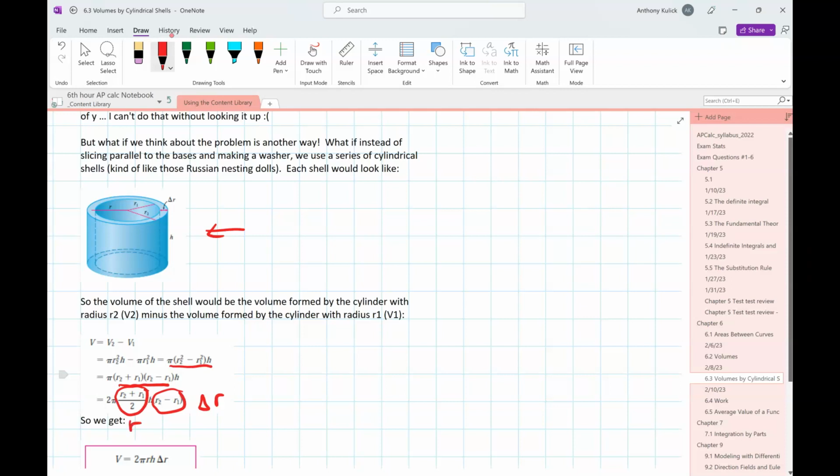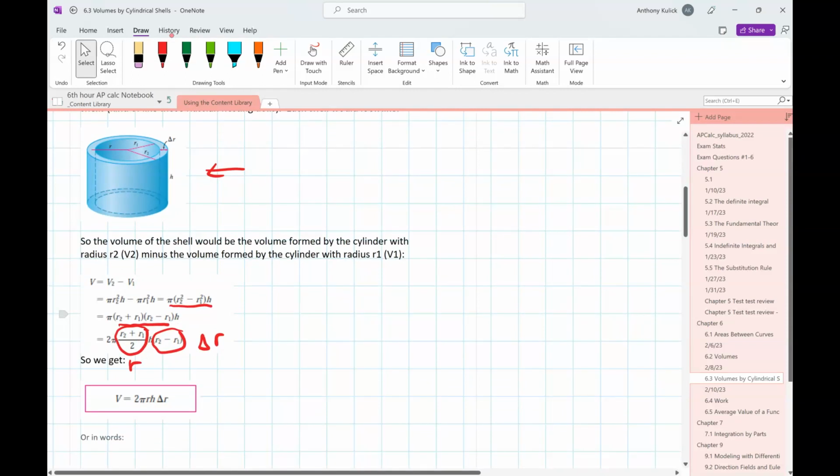I'm going to just call that regular R. So what our formula breaks down to then is 2 pi r h delta R. What is 2 pi r? That's the circumference for the circle, for the base of that cylinder. H is the height of that cylinder, and delta R is the thickness of our cylinder, right?